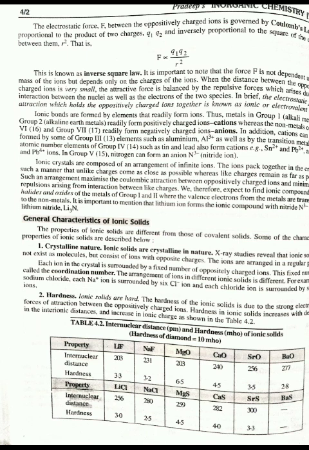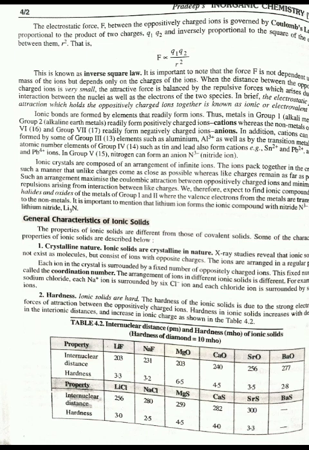Ionic bonds are formed by elements that readily form ions. Thus, metals in group 1, alkali metals, and group 2, alkaline earth metals, readily form positively charged ions, cations, whereas the non-metals of group 16 and group 17 readily form negatively charged ions, anions.